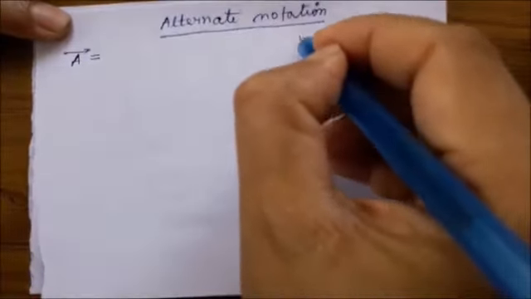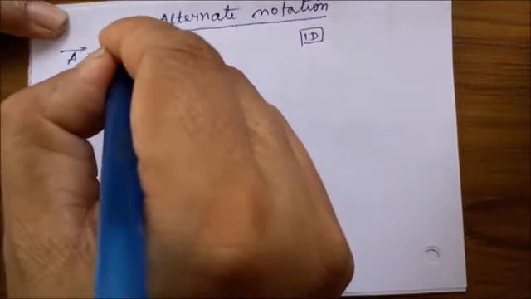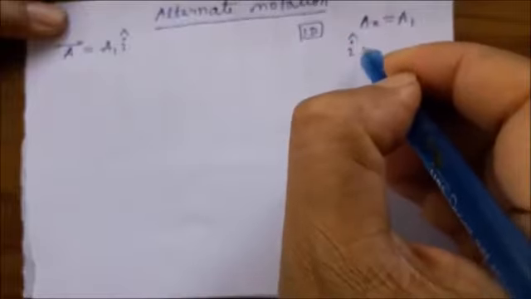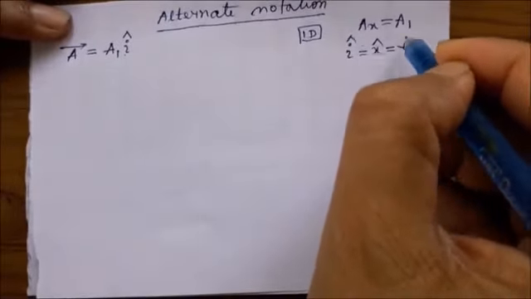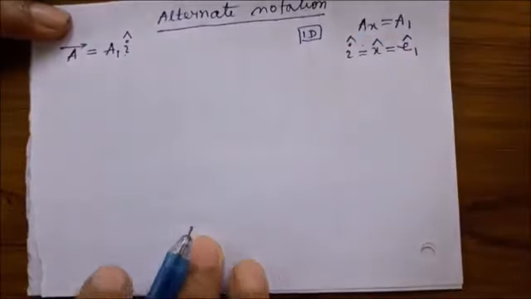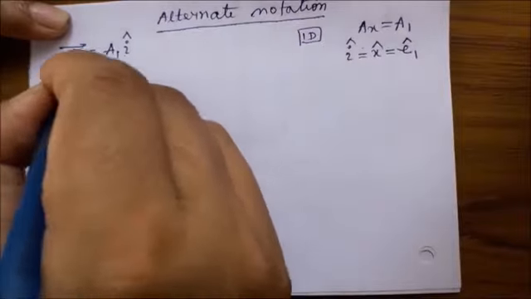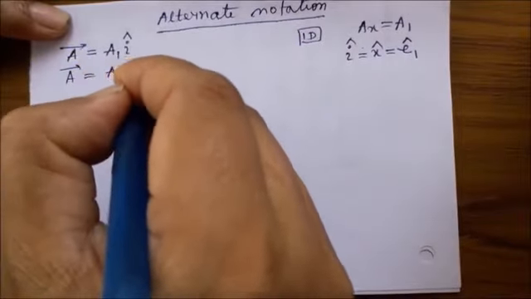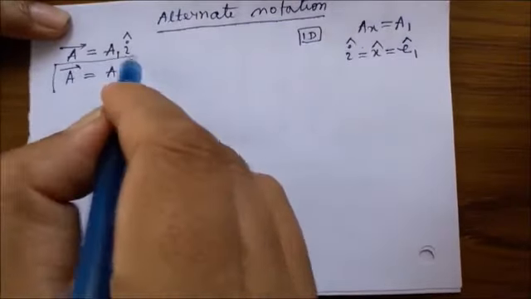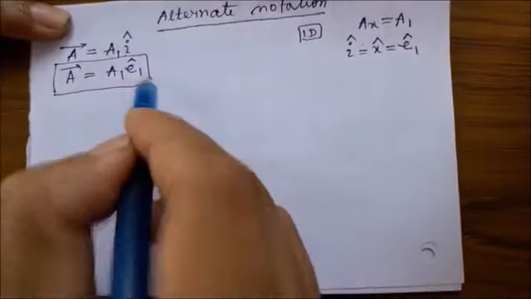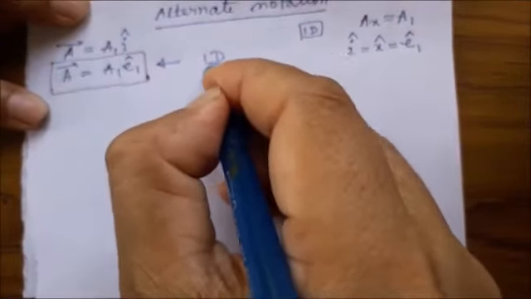In 1D, let us write it as A1 into I cap. Instead of I cap or X cap, let us use E1 cap. So then in 1D, vector A will be written as A1 into E1 cap. Now this notation is a friendly notation. This holds for 1D.